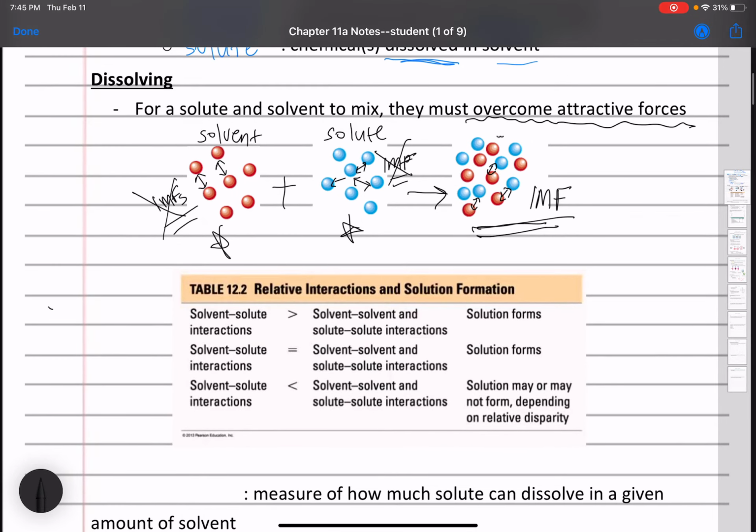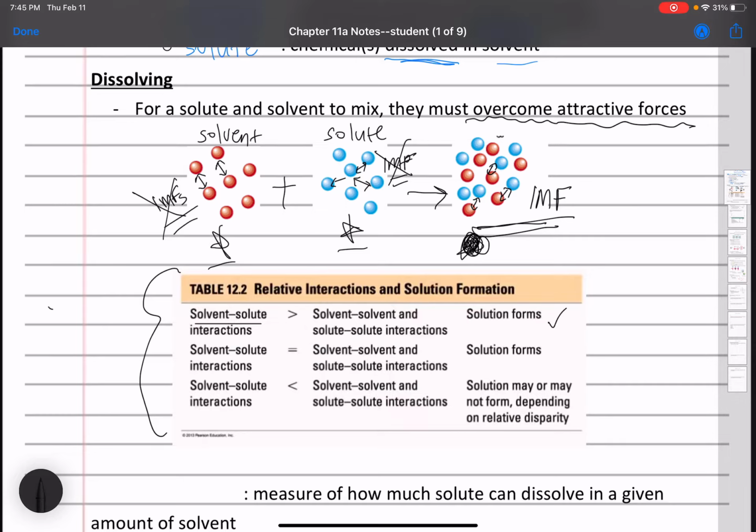And this is a cool table right here that I just want to call your attention to. So if the solvent-solute interactions are stronger than these interactions, then a solution will generally form.